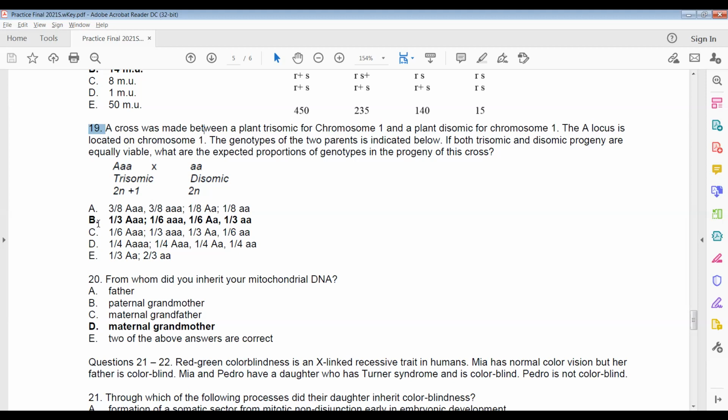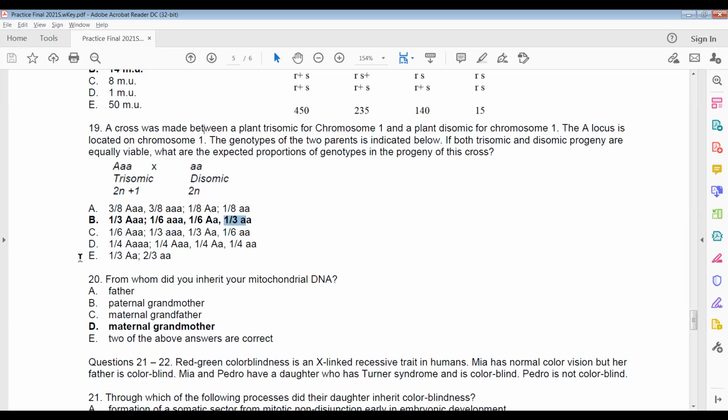It's very easy, because we know this trisomic parent can produce gametes: one third of the gametes carrying big A and small a. Another small a is contributed from this normal parent. So we're going to have 1/3 of the gametes from this parent showing big A, small a, and another 1/3 showing a small a.